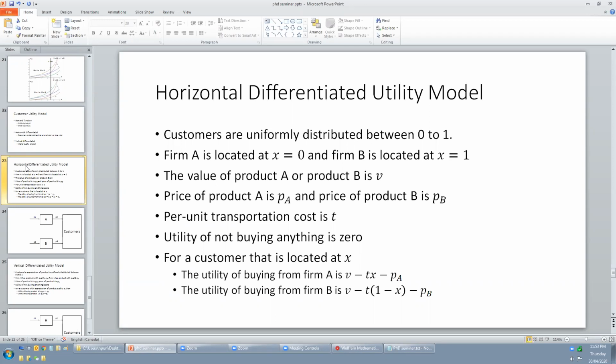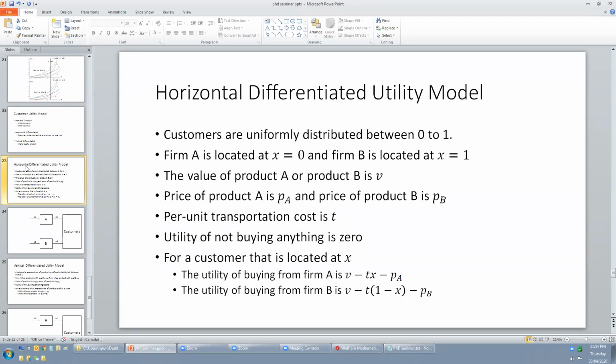A taxi can be thought of as a transportation cost, a per unit transportation cost. In order to get from home to the supermarket, they need to pay money for the taxi ride. The further you live from a firm, the more money you have to pay. If a customer is not buying anything, then the utility equals 0.